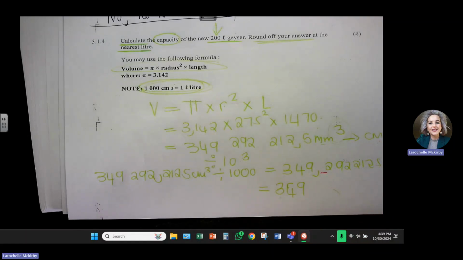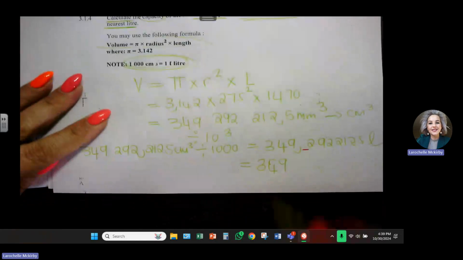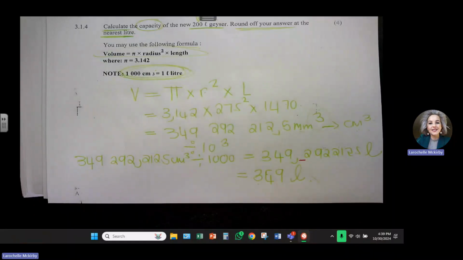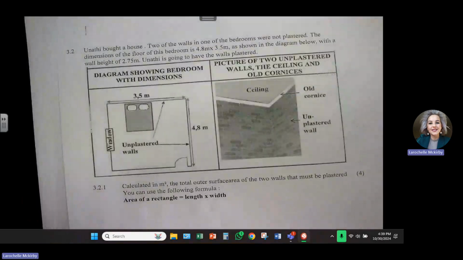It is not large enough to make it 350. So the answer is 349 liters. And there we go. Right. Do you see? There's quite a few steps that is being used there. Right. Enough of some area and volume. Let's have a look at some circumference and perimeter sums.